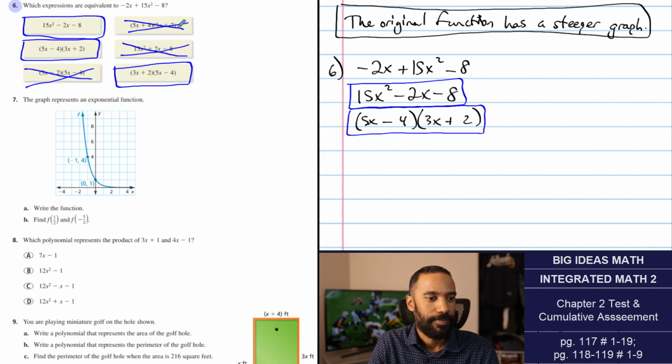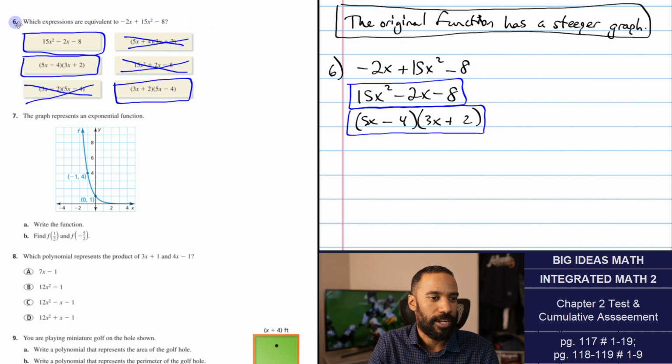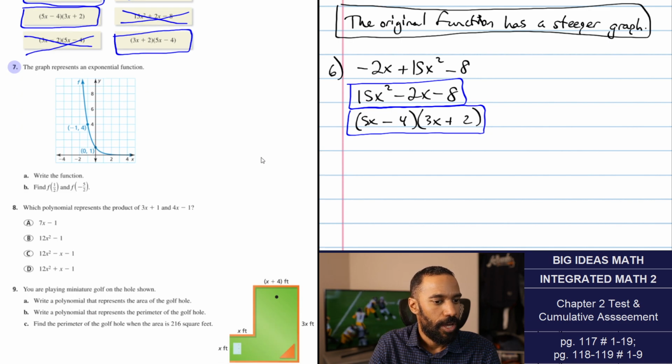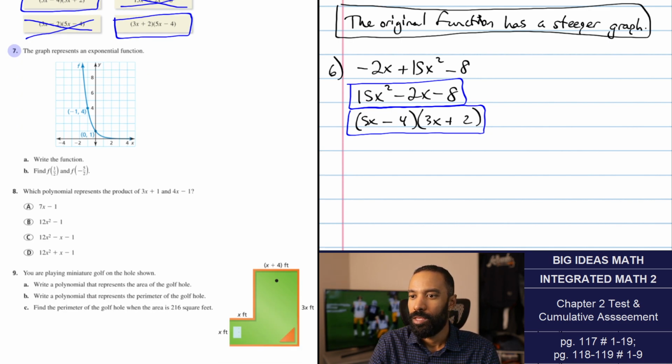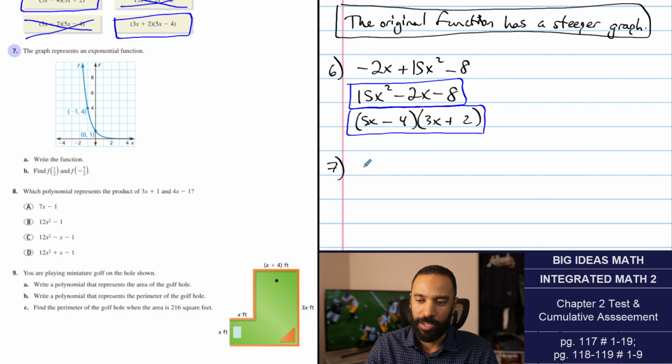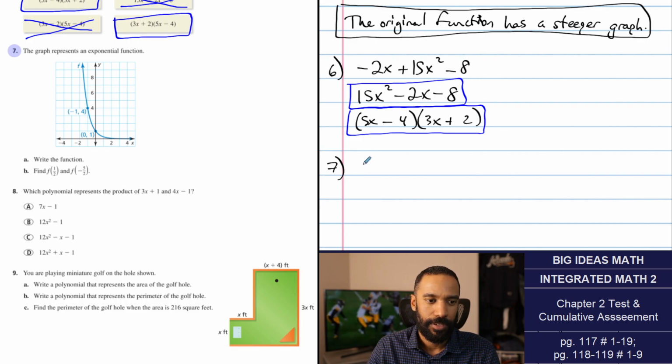Number 7. The graph represents an exponential function. Yes, it does. Write the function, part A. So on number 7, we do have negative 1, 4, and then we have 0, 1.